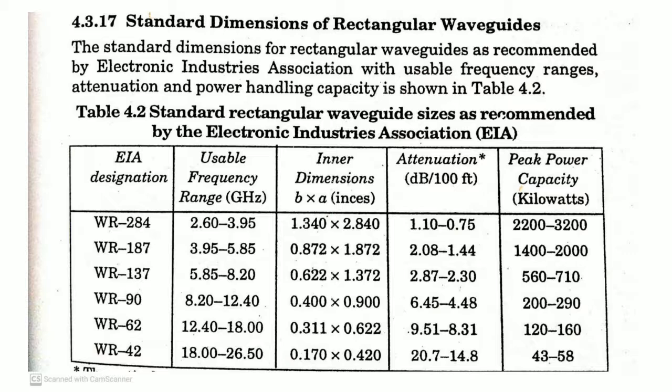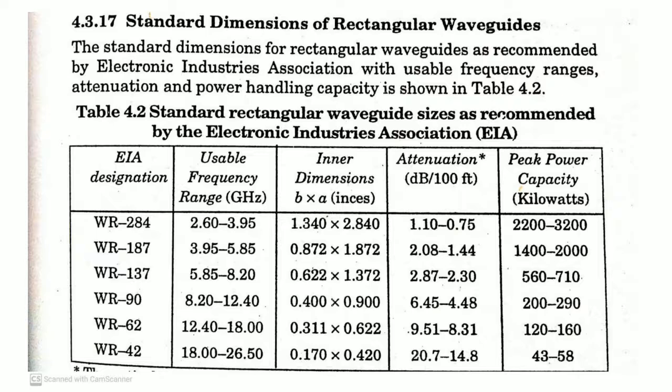If you observe, where the usable frequency range is higher, that is in the last row for the WR42, it is handling 18 gigahertz to 26 gigahertz. Then the peak power handling capacity is low, that is 43 to 58 kilowatts. So there is a basic relationship between the usable frequency range and the peak power capacity, and there is also a slight change in the attenuation.